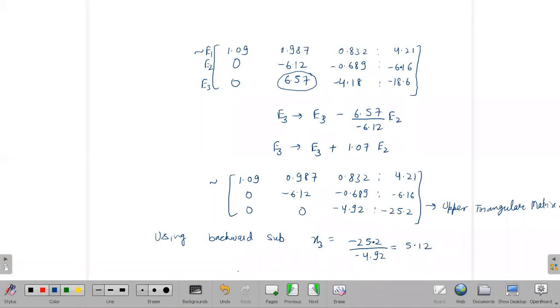And for x2, from this 6.12 into x2, plus 0.689 into x3, where x3 I can put the value 5.12, is equal to minus 6.16. So you multiply these two, then take 3 digits, then add, then take it to the right hand side, then you find the x2 value. So from here x2 will be 0.430.